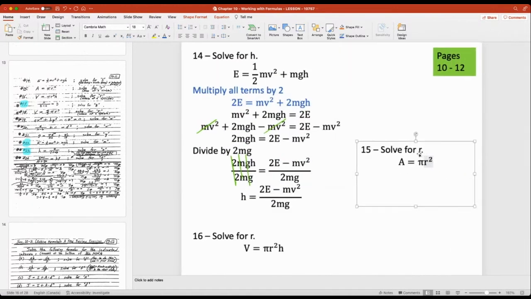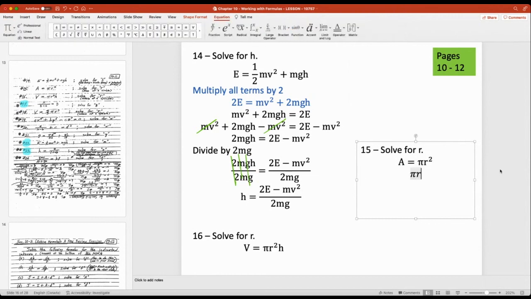So in question 15, we want to isolate for r. Again, this step here is more cosmetic, but I'm going to write it backwards so that I can have the r on the left, just because it's my preference. You want to get r by itself. So the thing that you want to deal with here first is the pi.